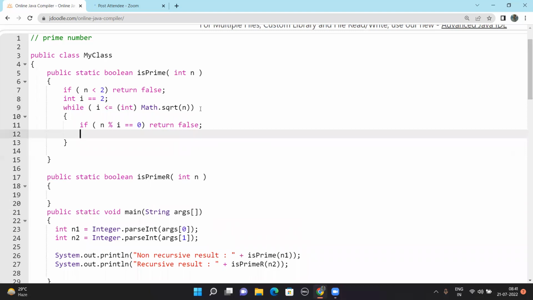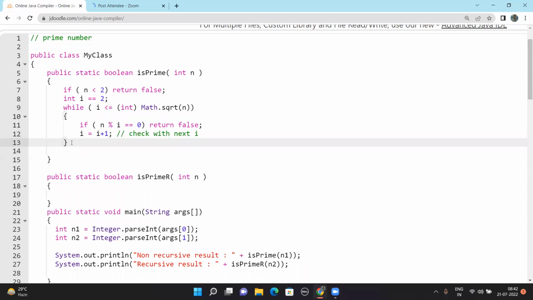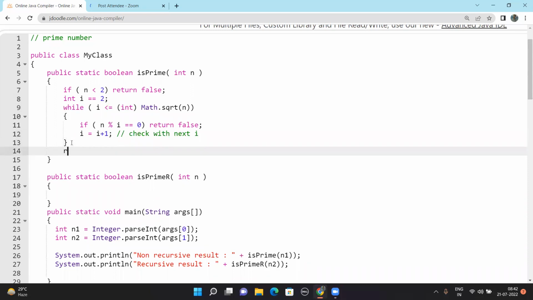If n is not divisible by i, then check with next i. After checking with all possible i values, if you could not return false, you will be returning true.